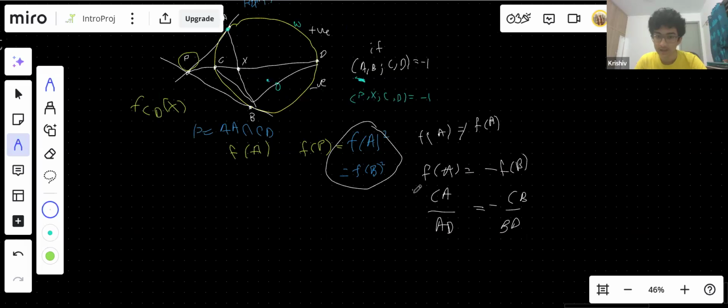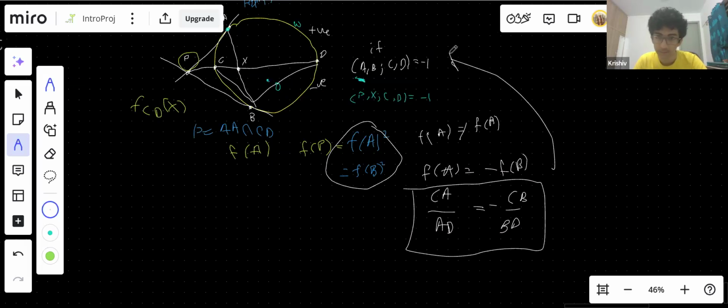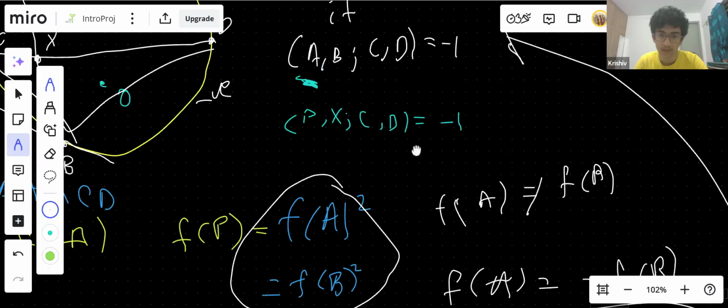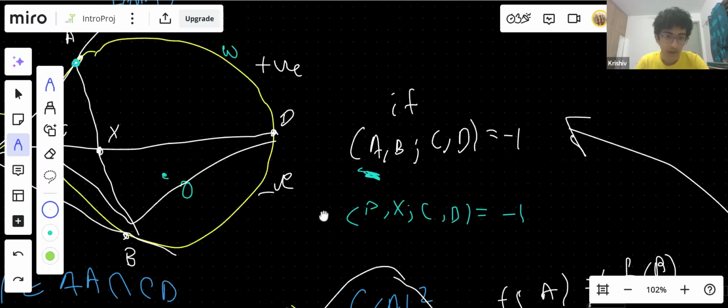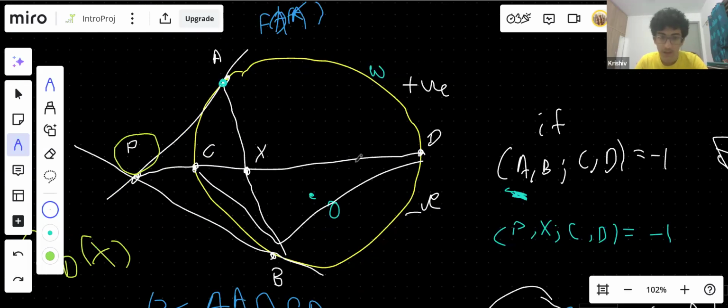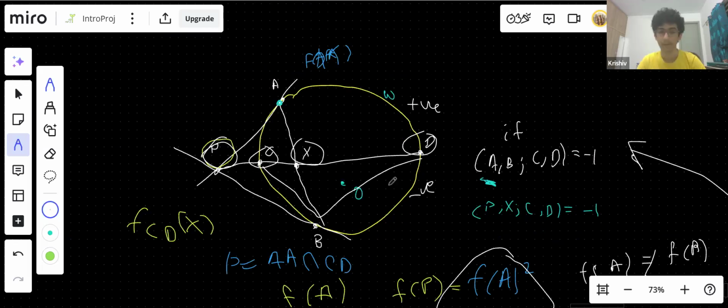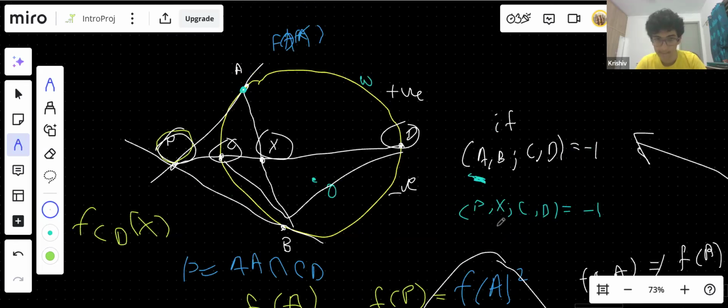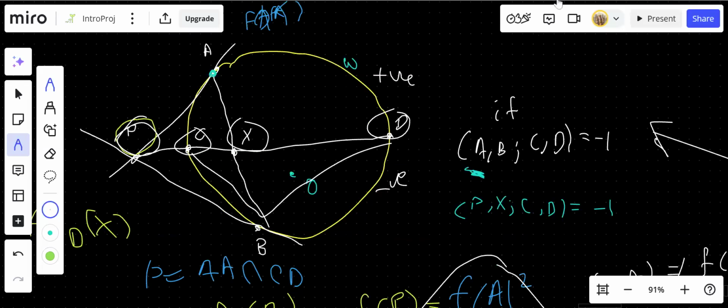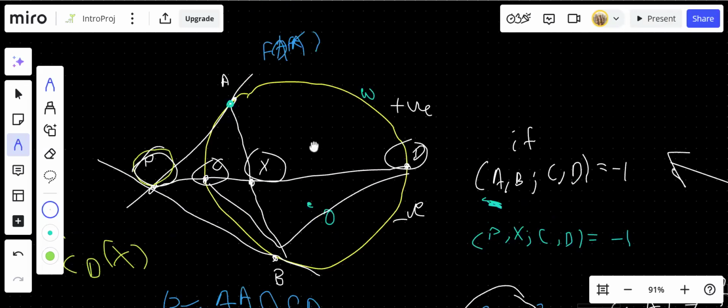Okay, and this is the definition of harmonic. This is the definition of what harmonic means. So yeah, we are done. ABCD is harmonic, and so interestingly enough, PXCD is also harmonic, right? Yeah, by projecting at A.